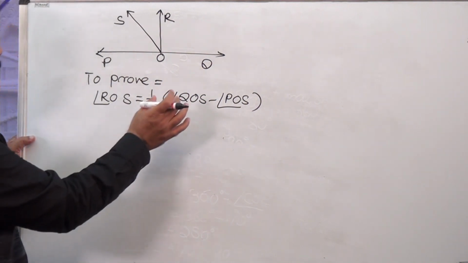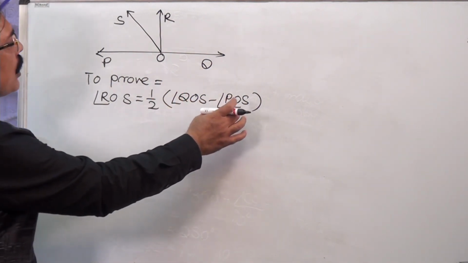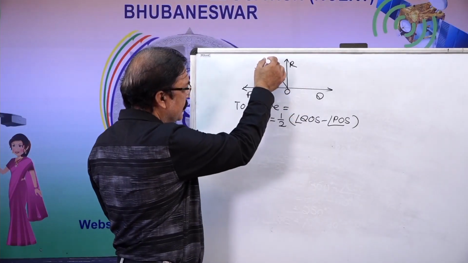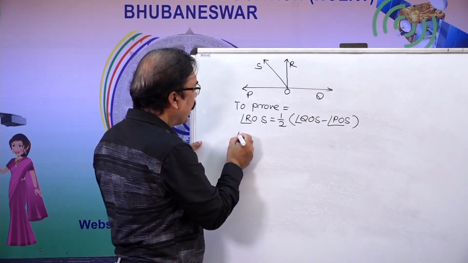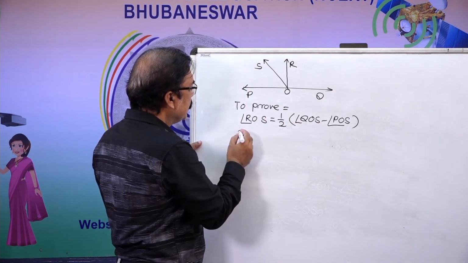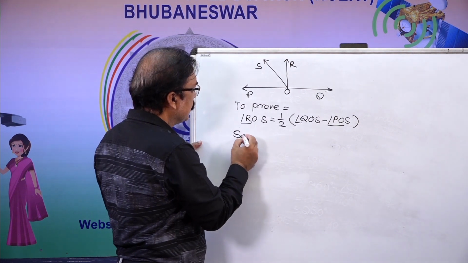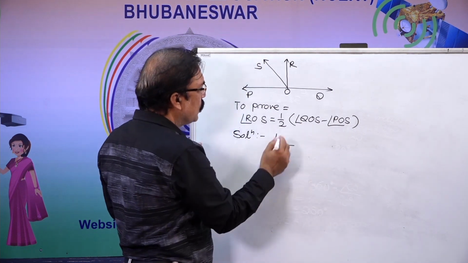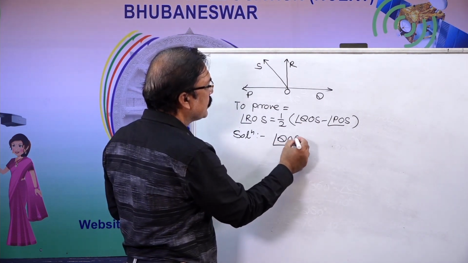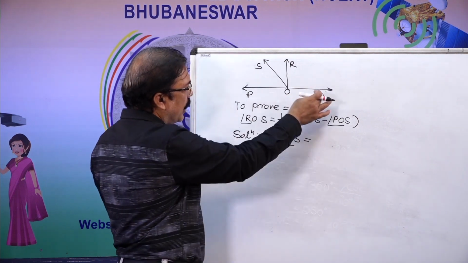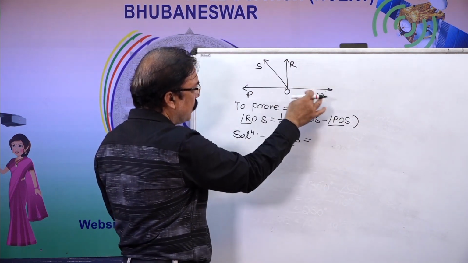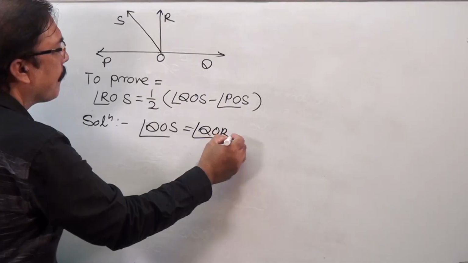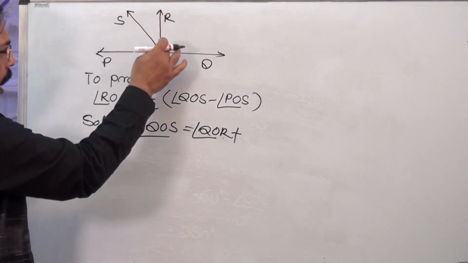Now, let's see what QOS and POS are. We can write angle QOS is equal to angle QOR plus angle ROS.